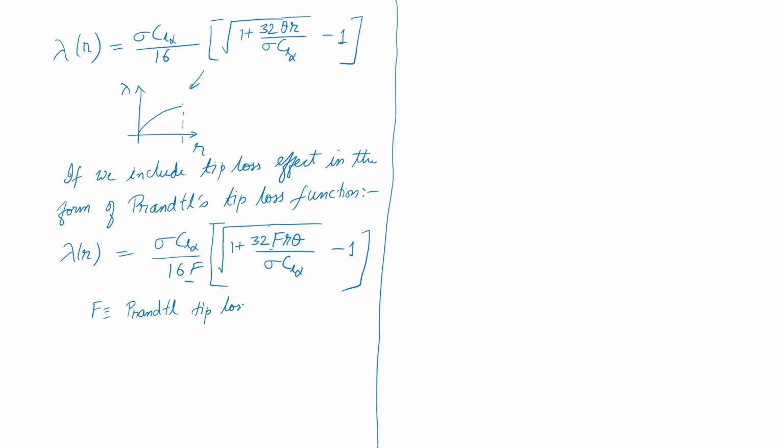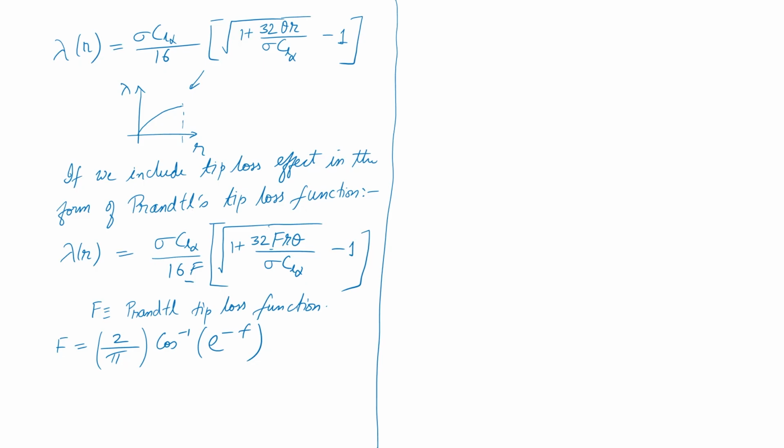So, F is called Prandtl tip loss function, and it is given by two by pi cos inverse e to the power minus f. Okay. Your e is your exponential function.